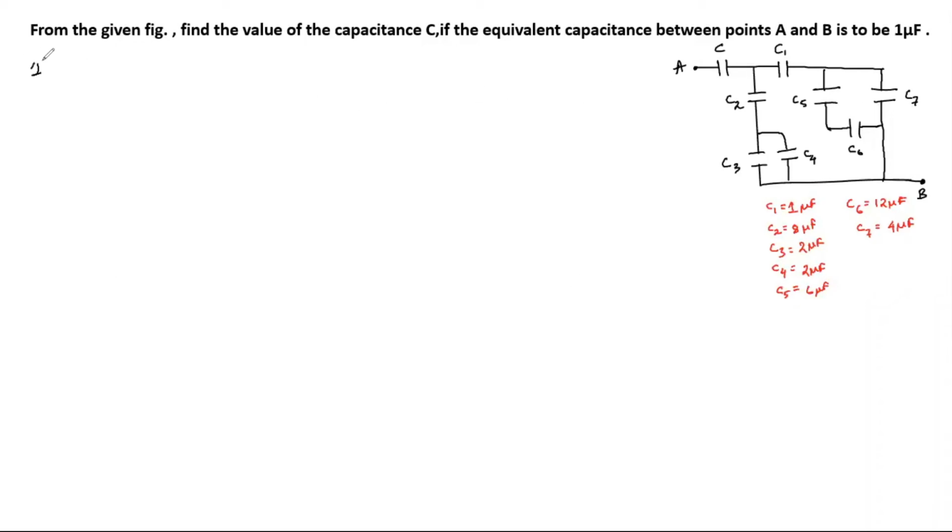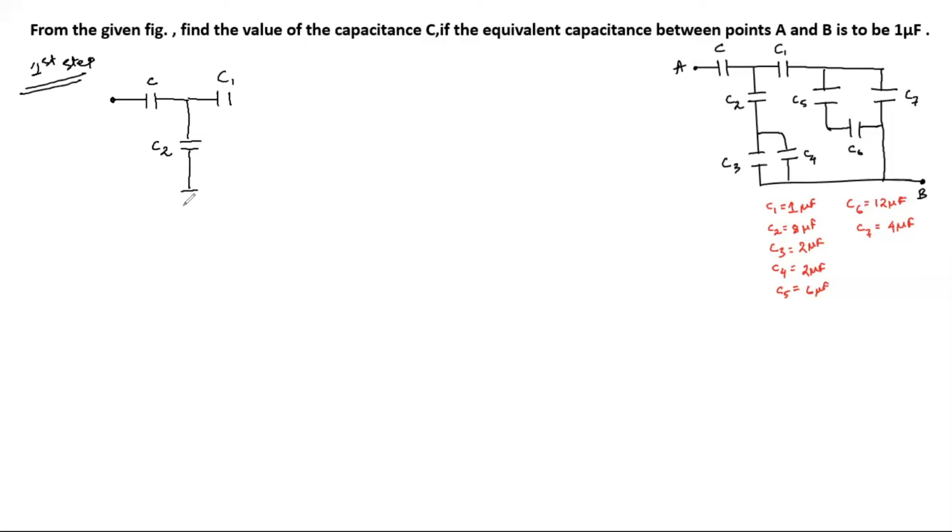So our first step: this is point A, this is our capacitance C, this is C1, and here we are having C2, and if you see C3 and C4, they are parallel.